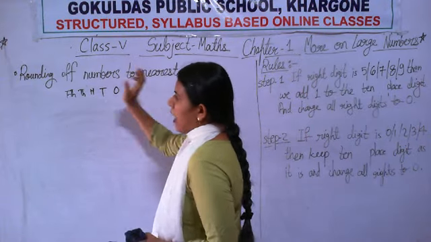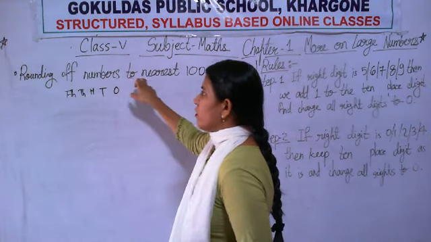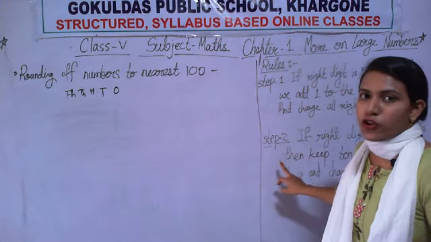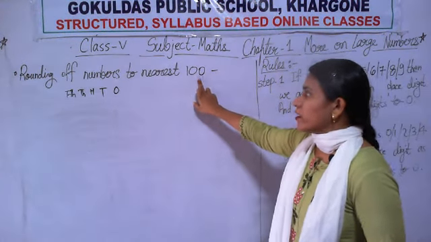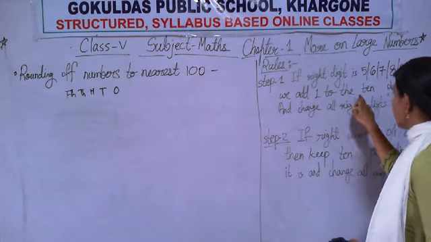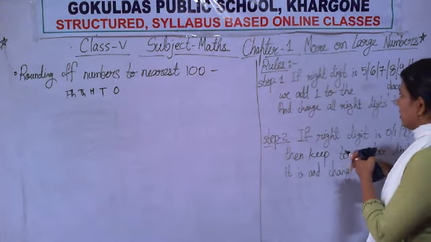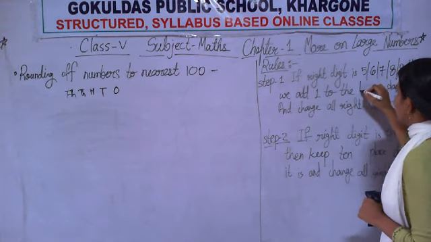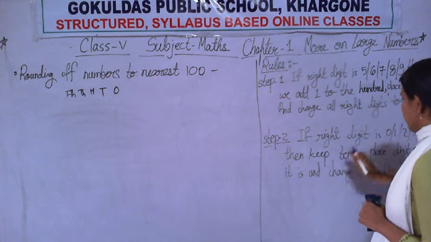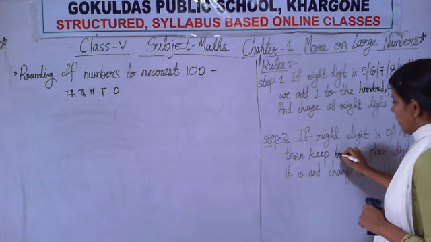Now I am taking an example for rounding of numbers to nearest 100. So for doing this, I am changing the rules also. When we were talking about rounding to nearest 10, 10 was written here. Now we are doing it for 100, so I will write hundreds place here. Okay. Here also I will write hundreds place.